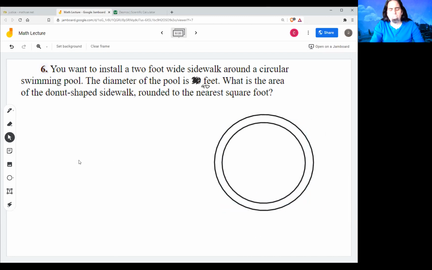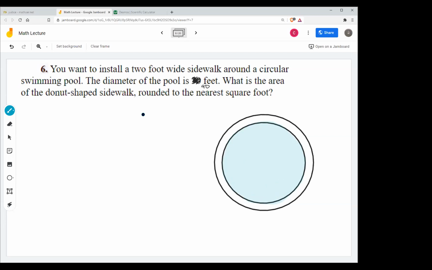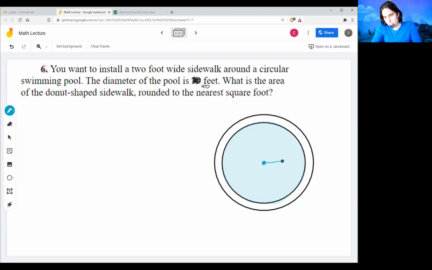Okay, so my picture isn't to scale, but I have something like this where we have a swimming pool. Imagine this one has water in it. And this one is an area problem. I am remembering to look carefully. So for area problems, do we want radius or diameter? Radius.